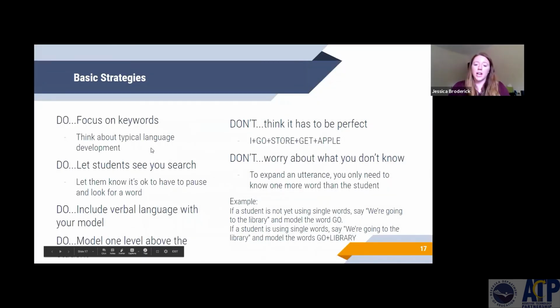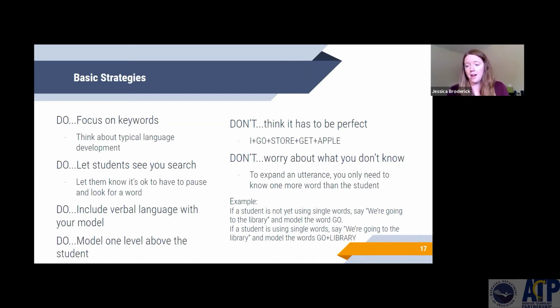So I have some do's and don'ts here. So one of the do's for modeling is to focus on keywords. And I think I kind of showed you that in my example with my core word board, is that focus on those keywords and think about typical language development. You know, if this student has just started with AAC, we don't expect perfect grammar.